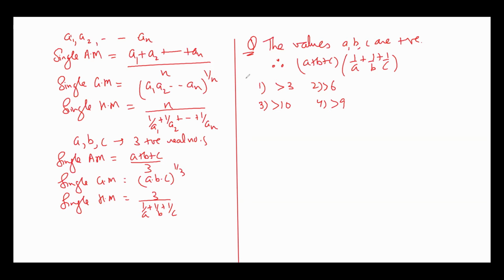That is the first relation, that A is greater than or equal to G greater than or equal to H, because you have a sign of greater than in all the four options.